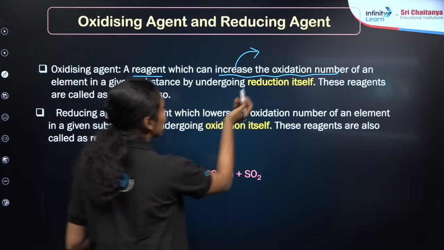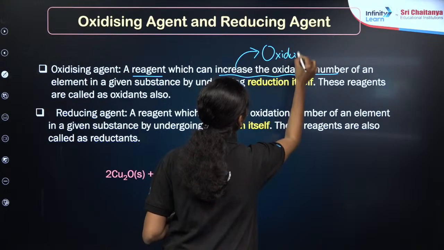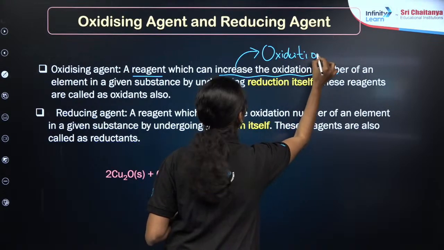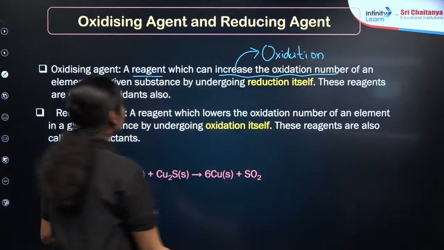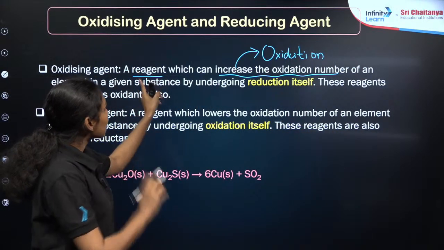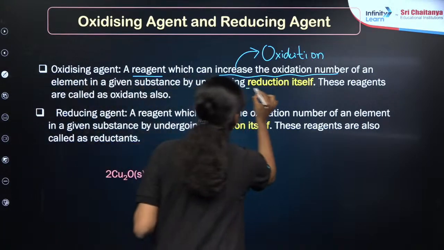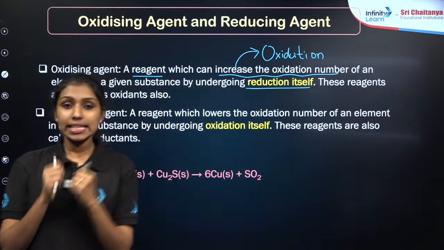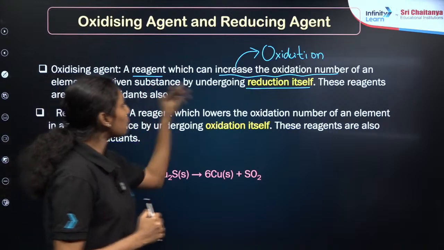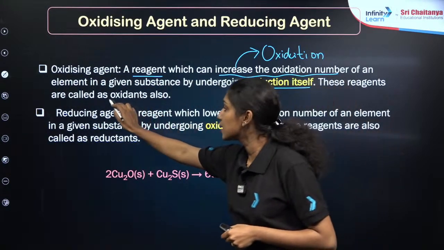Okay, what do you mean by the increase in the oxidation number? Oxidation, right? So we can say that an oxidizing agent is a reagent that will help in the oxidation by undergoing reduction itself. The reagent itself undergoes reduction, but it helps in the oxidation. Such reagents are known as oxidizing agents or oxidants.